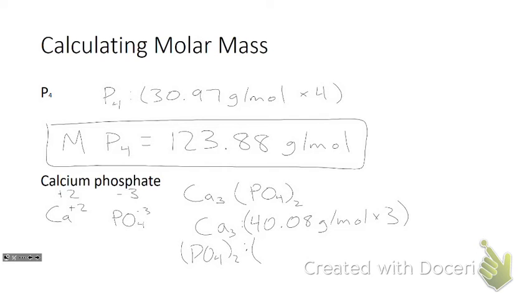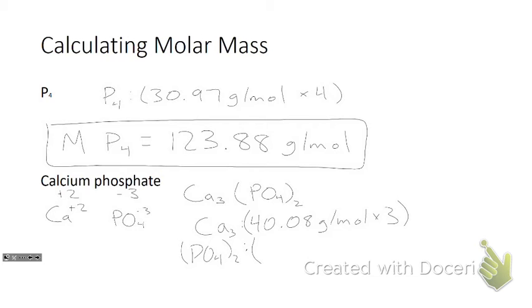You can first find just the molar mass of the phosphate and then multiply it by 2. Or you could do P2 and O8 to find the molar mass of that, because currently we have 2 of the phosphate ions, which means we have 2 phosphorus, and 4 plus 4 is 8 oxygens in total there. Okay, so there's a couple ways you can do that.